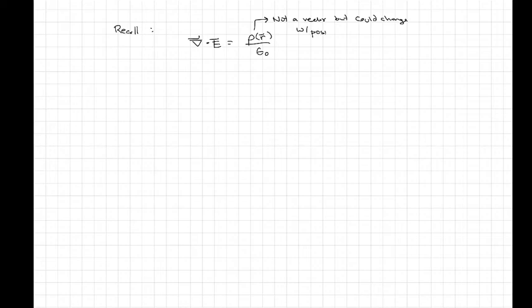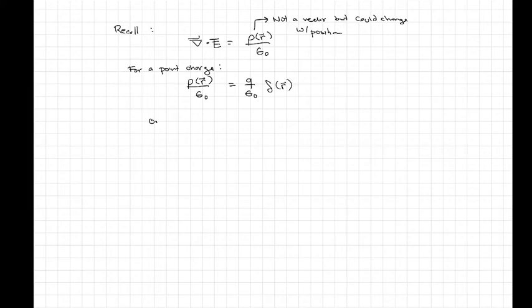Just to say how general this can be. I could say that rho over epsilon naught is equal to, for a point charge, well, basically what I just did says that rho over epsilon naught also has to be equal to Q over epsilon naught times this Dirac delta function.